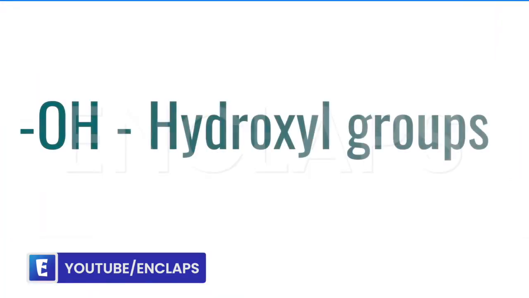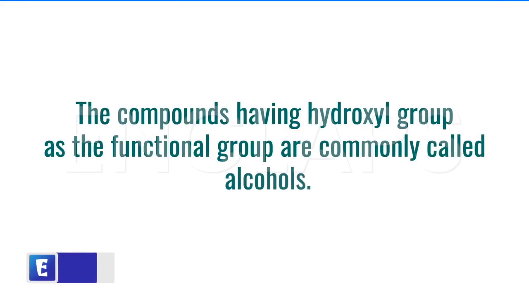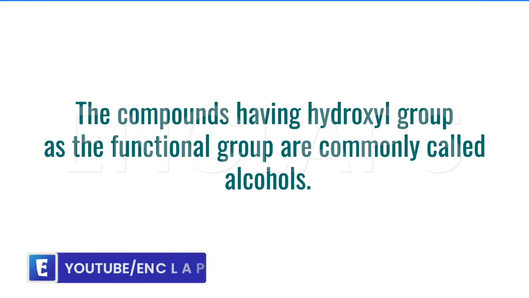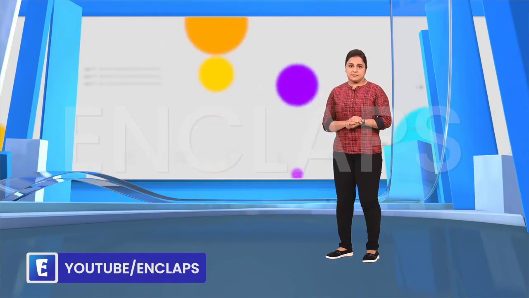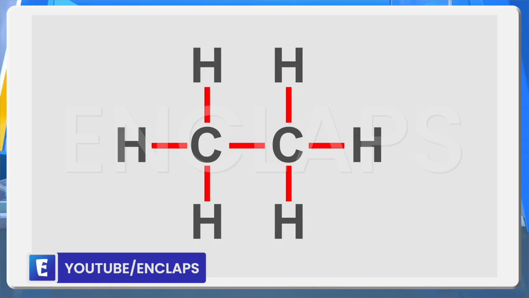First one, OH group. The name of this functional group is hydroxyl group. The organic compounds having OH functional groups are called alcohols. Clear? So, this is an alkane, ethane, right?